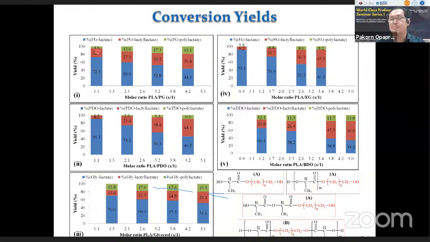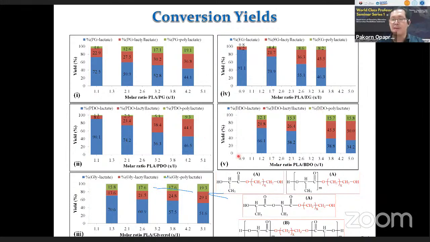The red one is bigger, 2 units. The green is longer than 2 units. You can see if we vary the ratio between PLA and alcohol, we have a variation in the content of the product. The size will be different and also the content will be different.